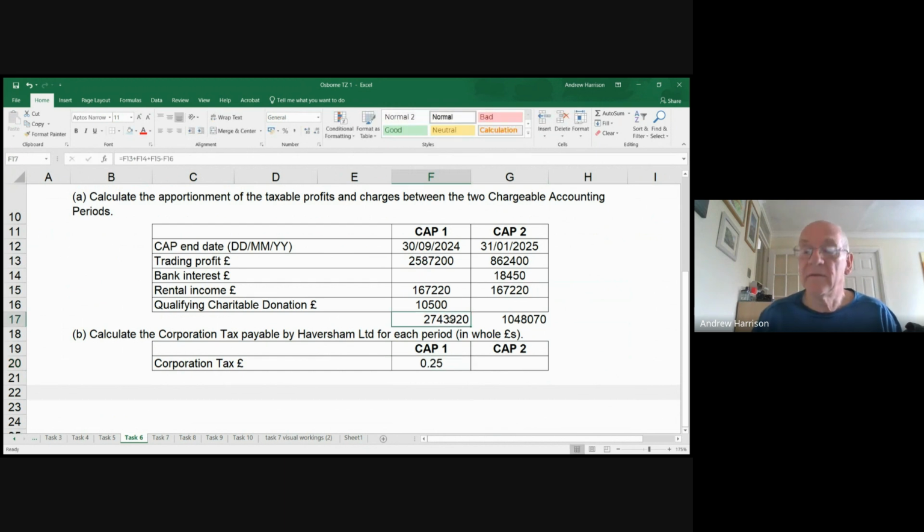So, equals. Missed something off. 685,980. This one, it isn't a third of 25%, because the business is carrying on, so it's the tax due for it. It does cause a bit of confusion, that one.